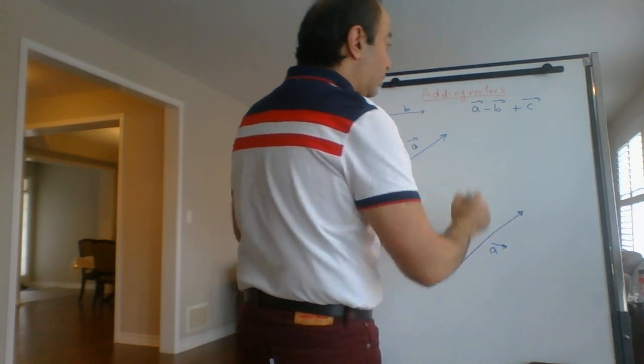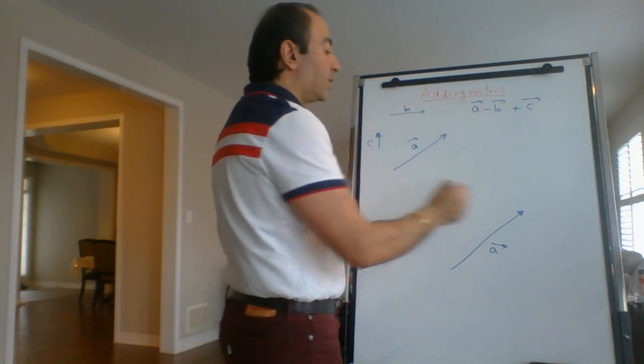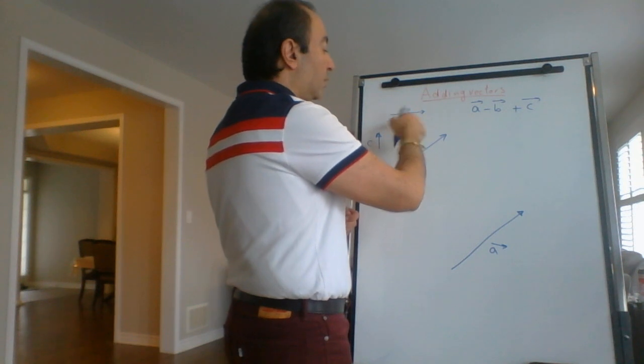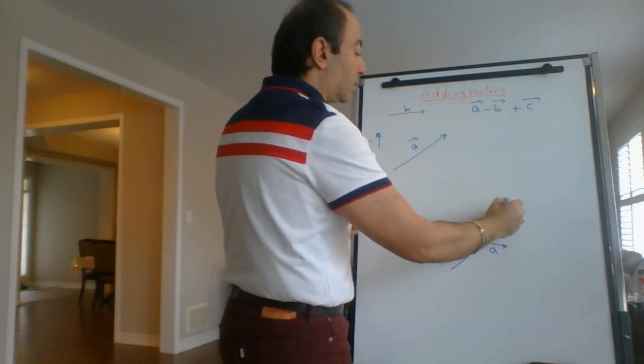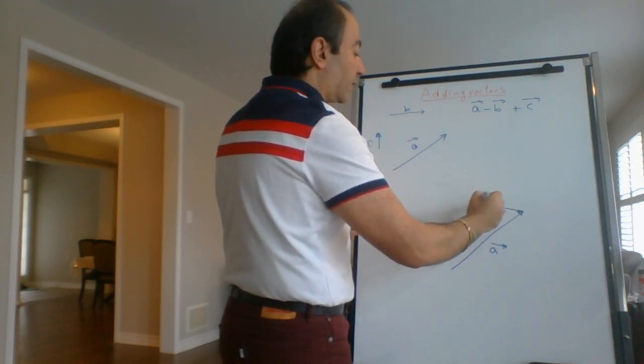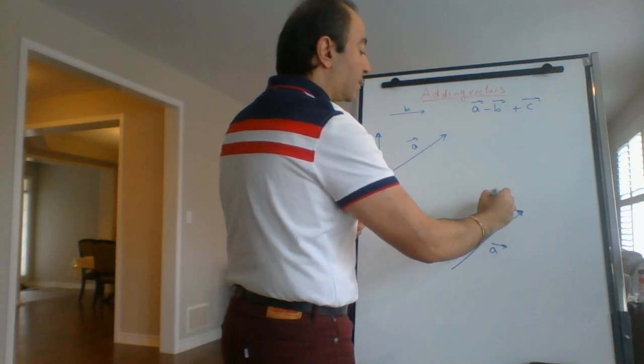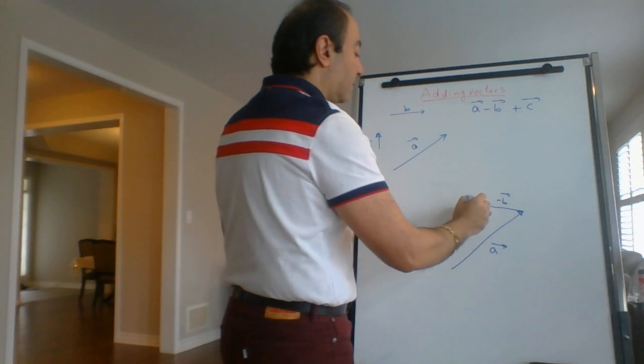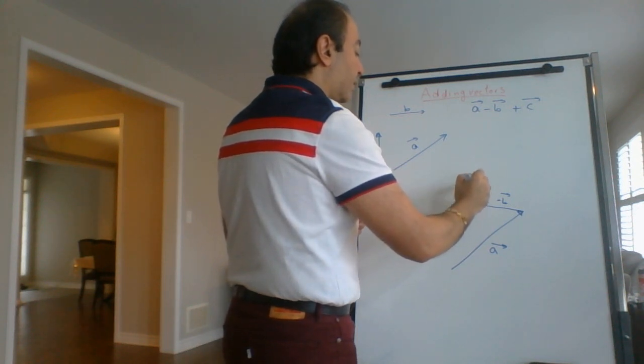Then I will draw a vector that represents negative B. So from the head of vector A, I will draw a vector that's parallel to B but going in the other direction. So it probably will be this vector, negative B. Then I will draw a vector that represents C, the same magnitude as C and up here. And this will be C.